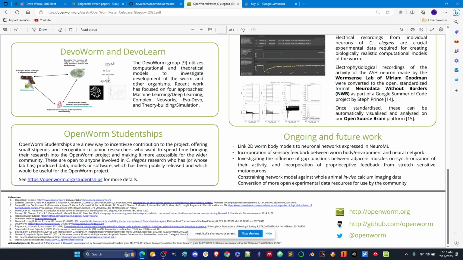This is where you're characterizing sensory feedbacks. The different types of imaging, like calcium imaging. There's a lot of new techniques out there for collecting data, and that's something we can embrace as a community. So I think this is nice because it gives you an update as to what's going on in the project.